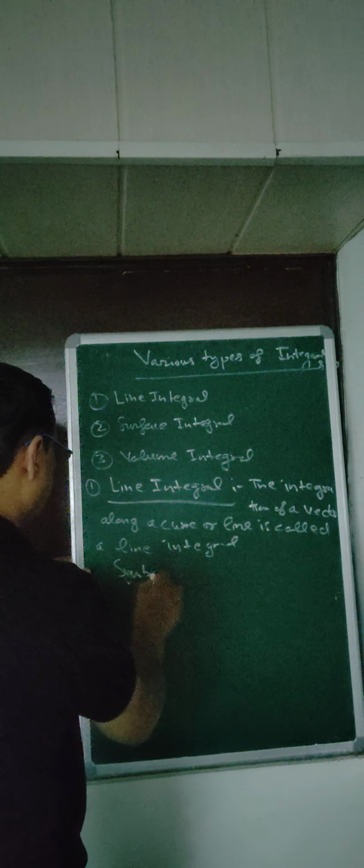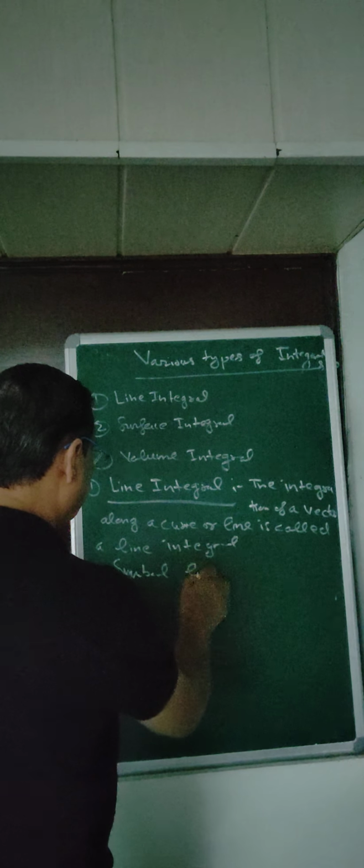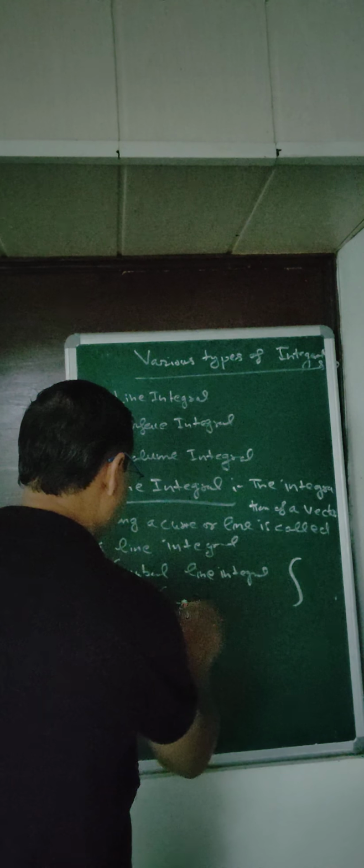Simple as that. And here you see, in this case, what is the symbol? The symbol for line integral is represented by this. If you see this thing, this is called line integral.